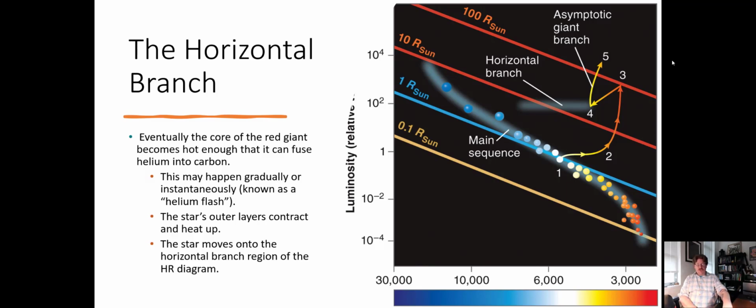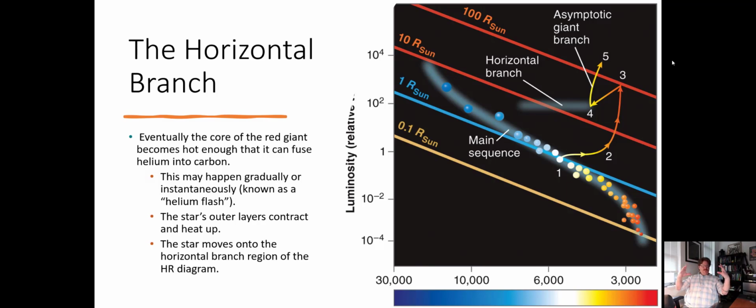It will do so almost instantly. And it will cause a tremendous amount of radiation to burst out and begin the horizontal branch. The core will get larger, and it will push that hydrogen burning shell outward.